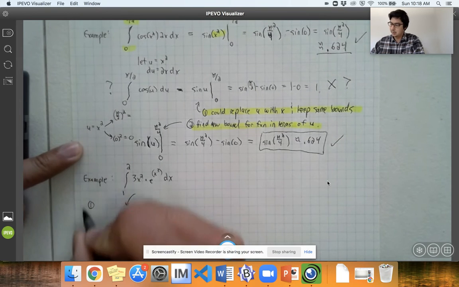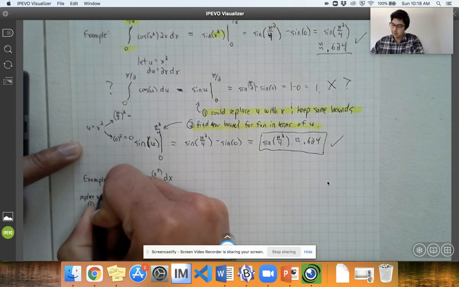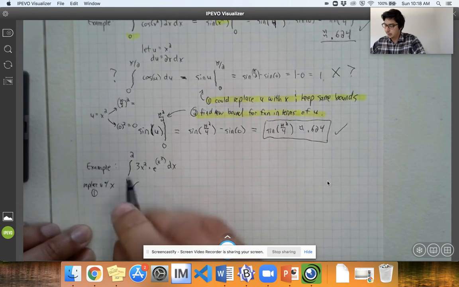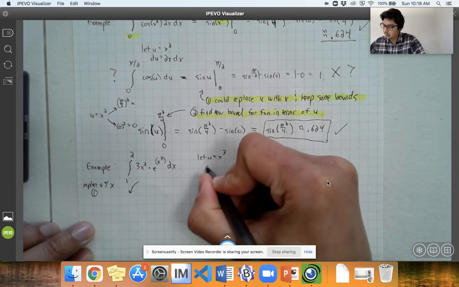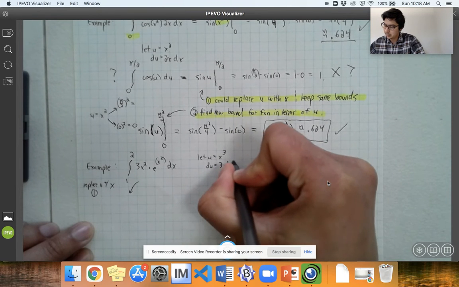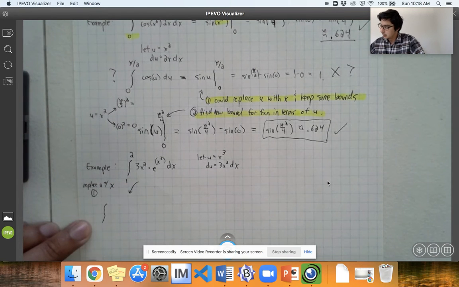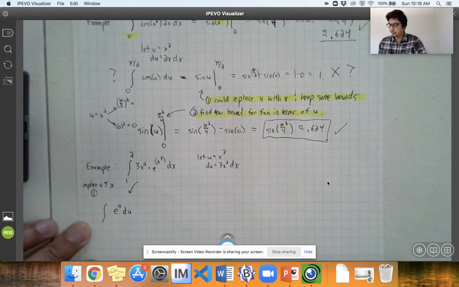We're going to remember to replace u with x. So if we let u equal x to the third, then du would give us the 3x squared dx. So I can rewrite this integral as the integral of e to the u du.